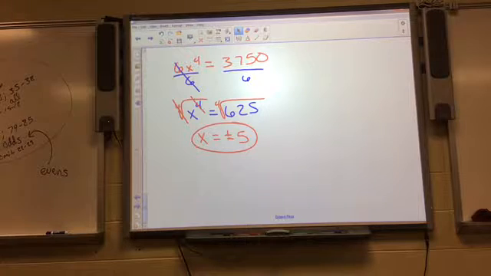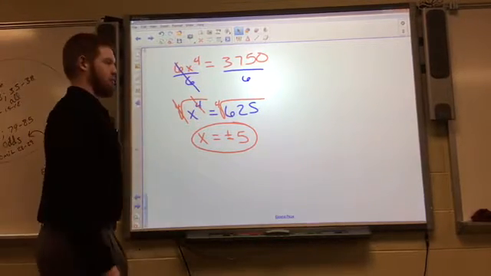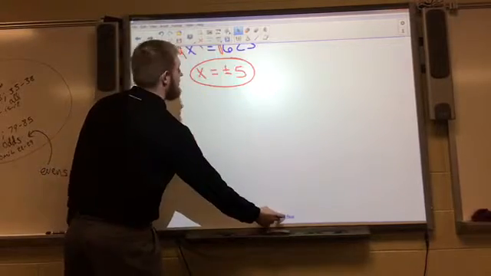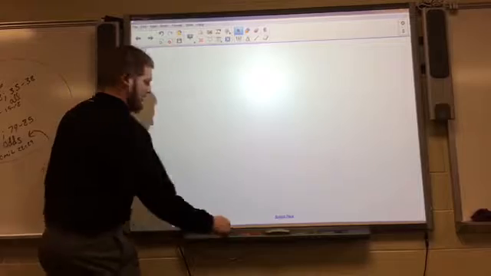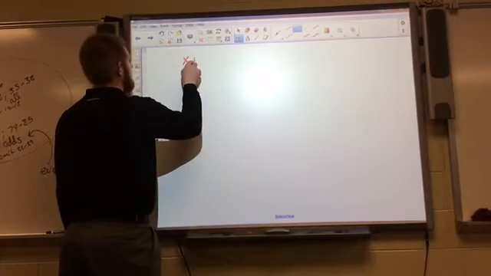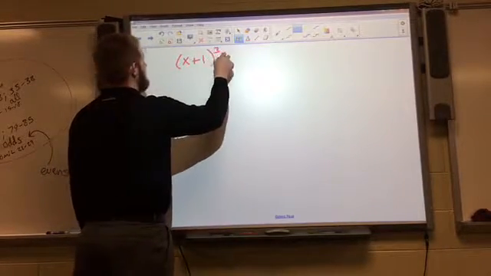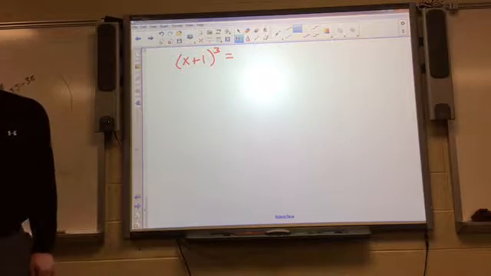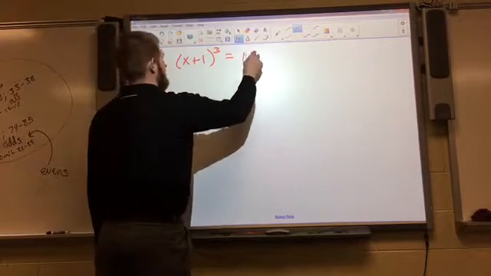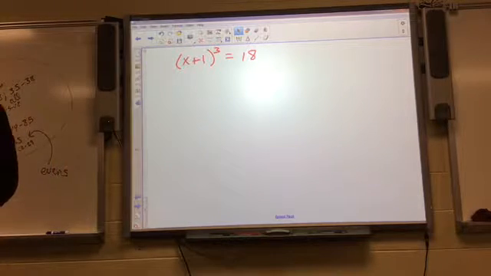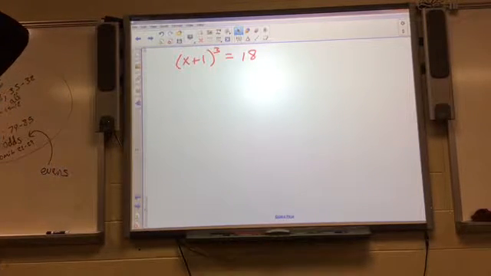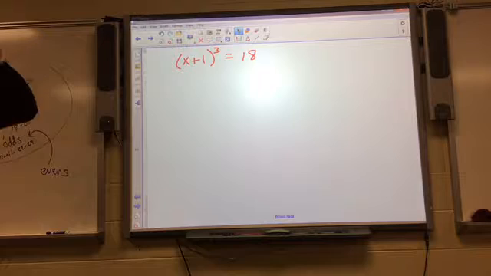I don't know. Maybe it's not in this lesson. At some point, you're going to have to be able to reduce a cubed root. Must not be yet, though. Okay, last one here. x plus 1 cubed equals 18. Now, this one's a little bit more advanced than just a linear equation. We have done these.